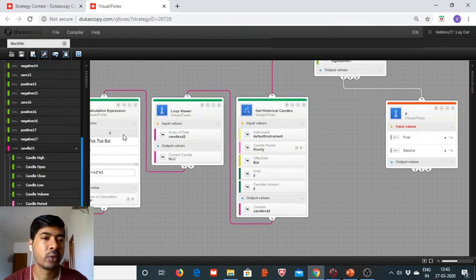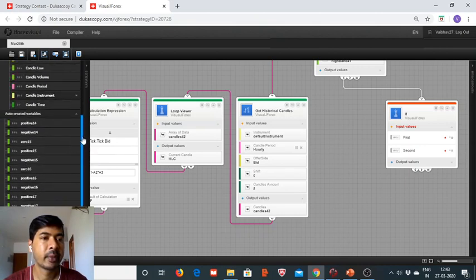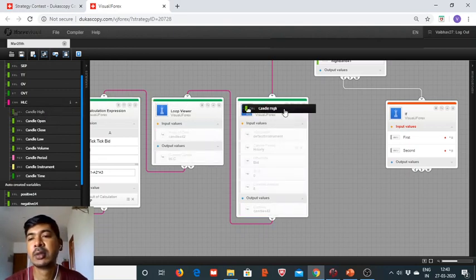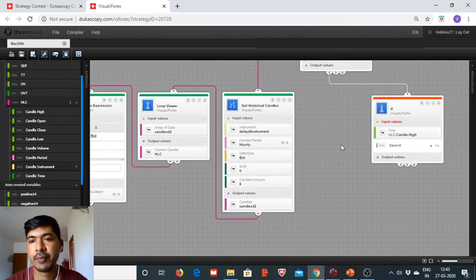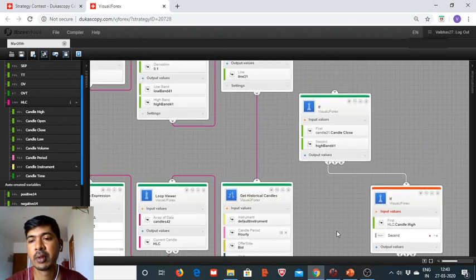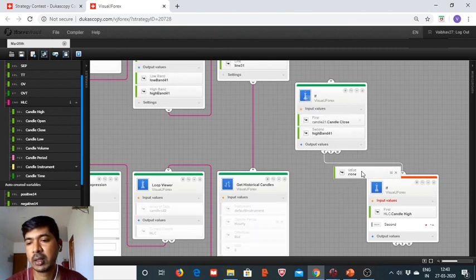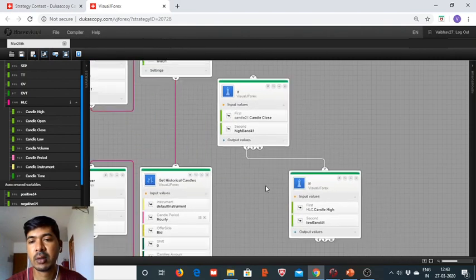Now coming to the HLC. Here the requirement is that the candle high should be above the lower band. So we take this low band 41.